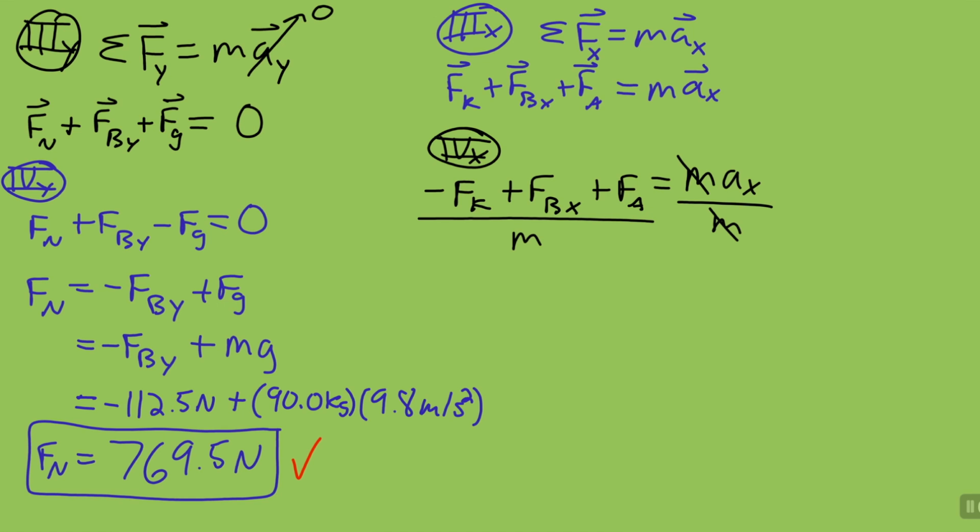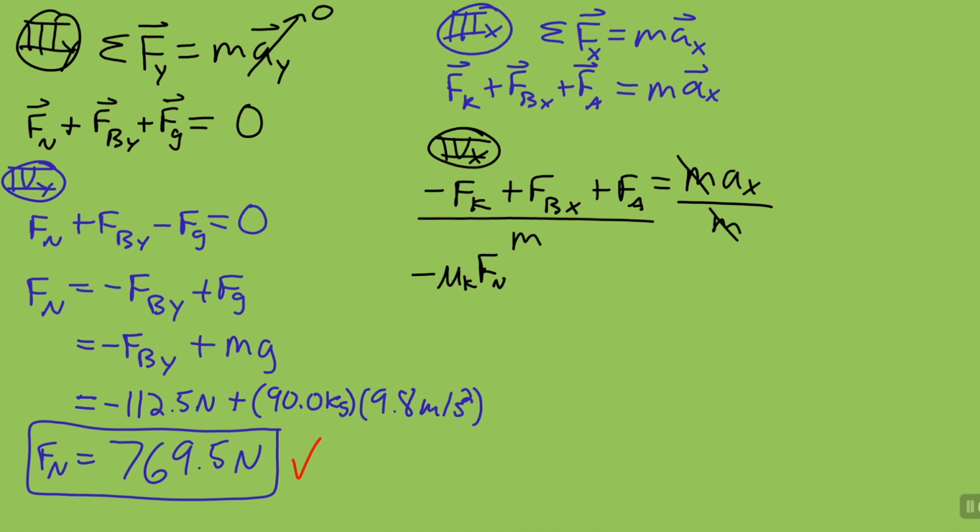Now if I look at this, most of these numbers I already know at this point. F sub bx, I figured that out back in step 0. F sub a, I knew that from the beginning. M I knew from the beginning. It's f sub k that I have to actually figure out. If you look at the footer of any one of the homeworks, there's a formula for f sub k, and that formula is minus mu sub k times f sub n.